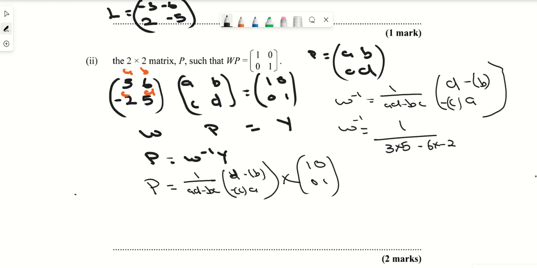So that would be 1 over 3 fives are 15, minus and minus is a plus, so that's plus 6 twos are 12. So this would be 1 over 27, and then we're just going to replace it.